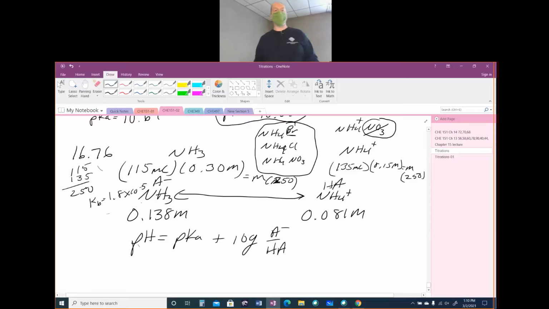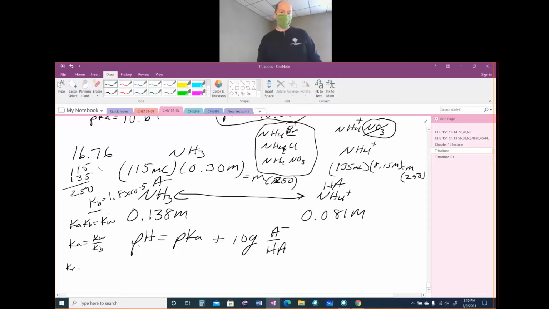So the same thing that we did in the last problem. We don't want the Kb, we want the Ka. But we know that Ka times Kb is equal to Kw. So to find your Ka, you take your Kw and divide by the Kb. We take 1 times 10 to the minus 14 and divide by 1.8 times 10 to the minus 5. And we get 5.6 times 10 to the minus 10.